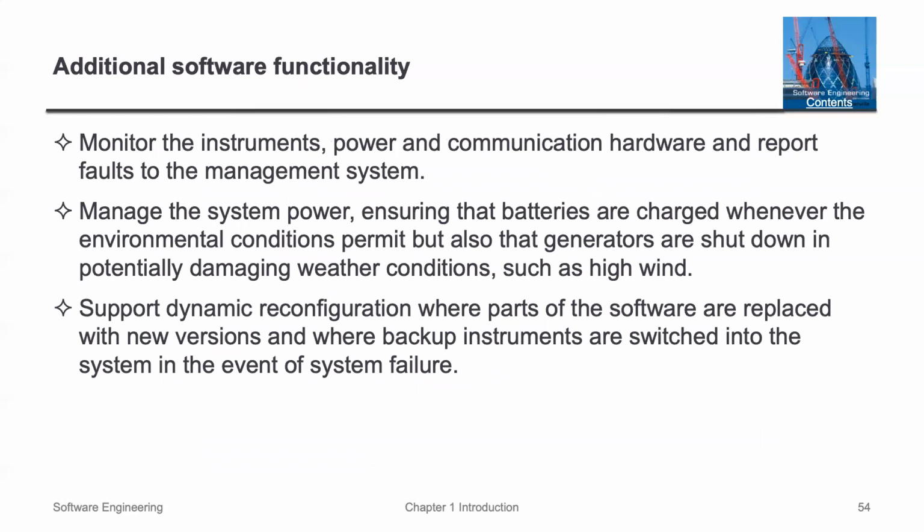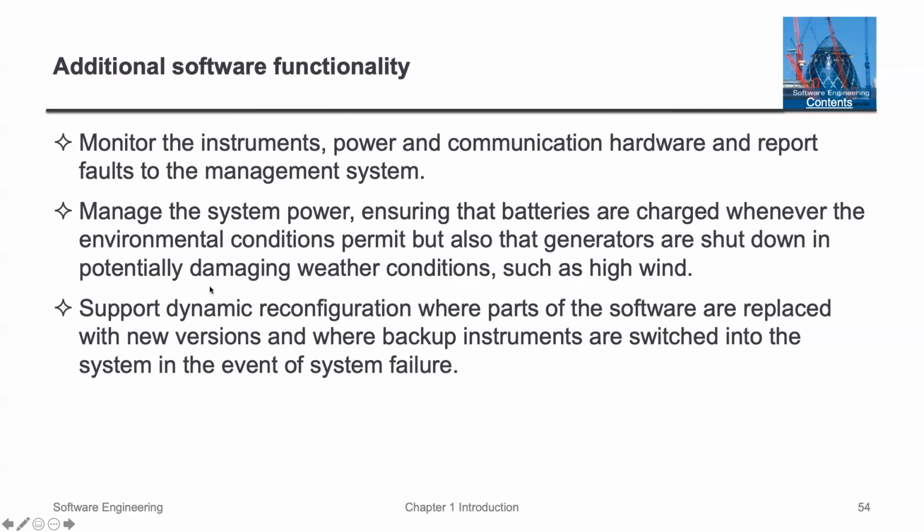In terms of additional software functionality, you want to monitor the instruments, power, and communication hardware, and report faults to the management system. You want to manage the system power, ensure the batteries are charged whenever the environmental conditions permit, but that generators are shut down in potentially damaging weather conditions such as high winds.